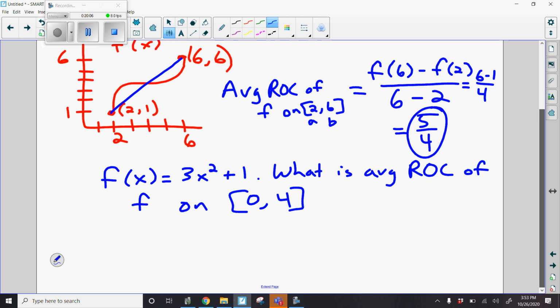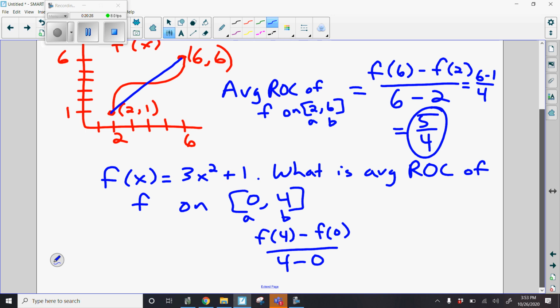Okay, so again, I want to do my f of b minus f of a over b minus a. Here's my a, here's my b. So my average rate of change would be f of 4 minus f of 0 over 4 minus 0. That's all you do. Okay?